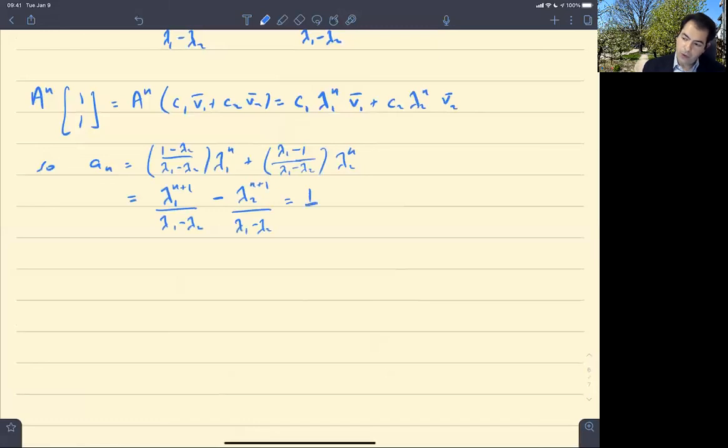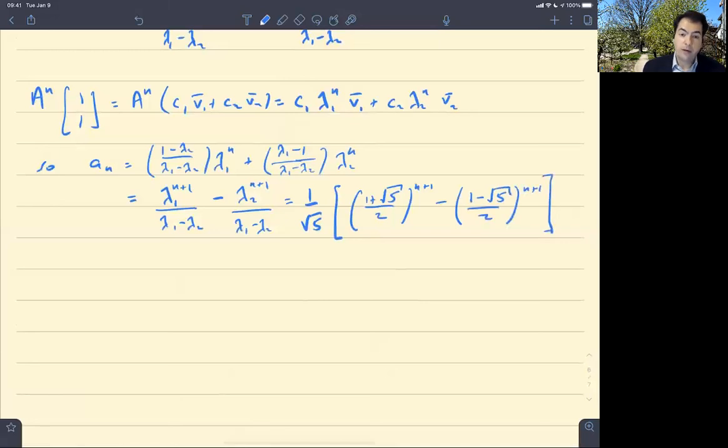And that is 1 over the square root of 5 times ((1 plus square root of 5) divided by 2) to the n plus 1, minus ((1 minus square root of 5) divided by 2) to the n plus 1, right? And there you go, a formula for the nth term in the Fibonacci sequence, surprisingly involving square roots of 5, which cancel out because we know a_n is always an integer.